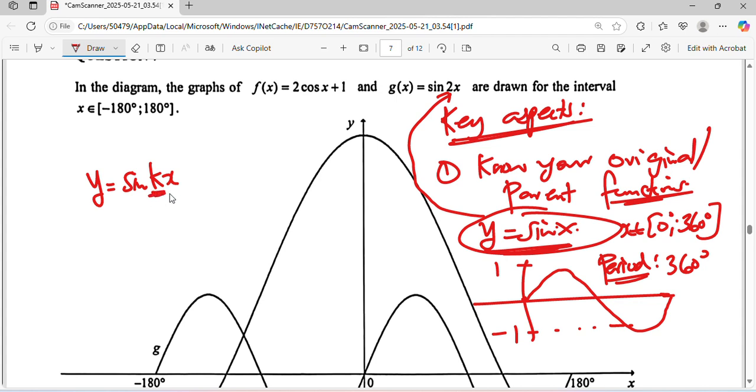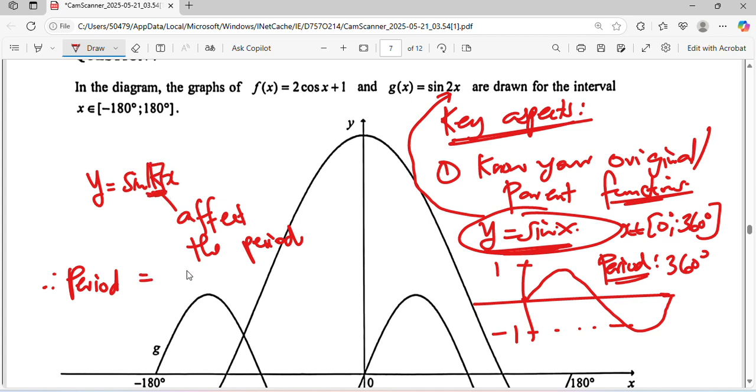This k is going to affect the period. It's very important that you know that the k will affect the period. If there's a constant in front of the x, period equals 360 degrees divided by k. You take the 360 and divide by the constant in front of the x, and that gives you the new period of the graph.